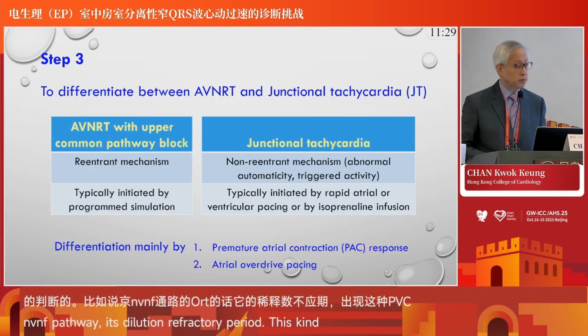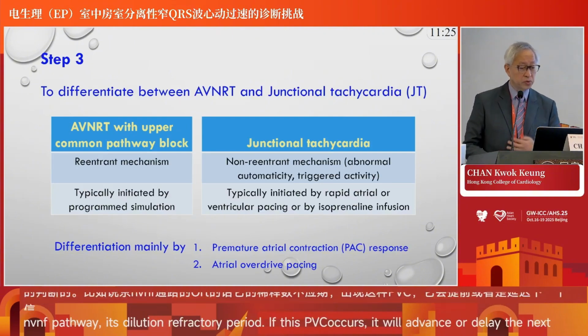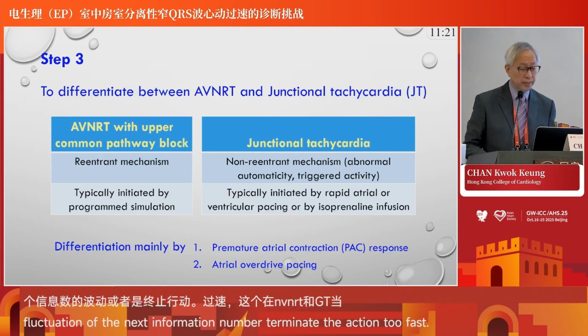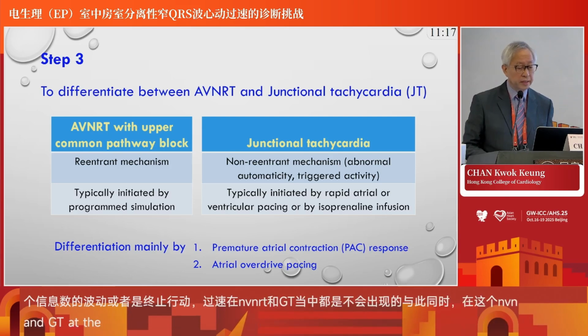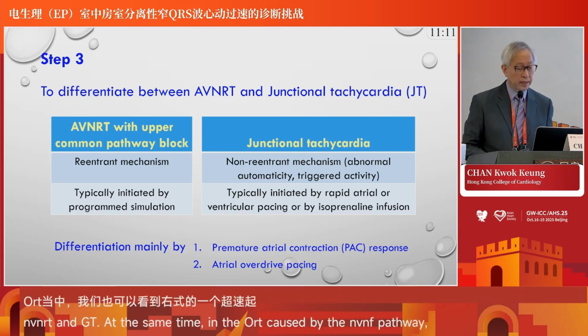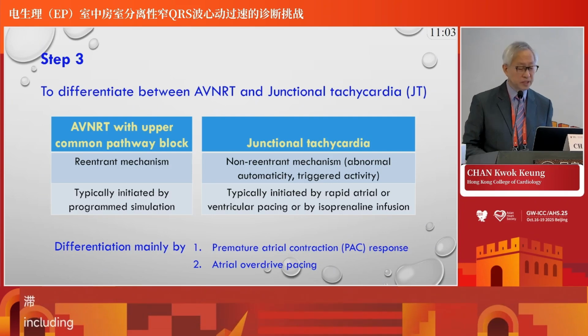Now, how about step 3? The next step is to differentiate between AVNRT and junctional tachycardia. Again, the main difference is in the underlying mechanism. AVNRT with upper common pathway block is a reentry mechanism, a micro reentry mechanism, and is typically initiated by programmed stimulation.